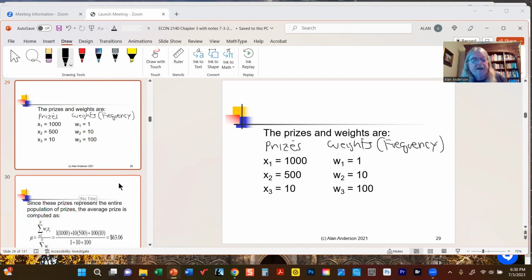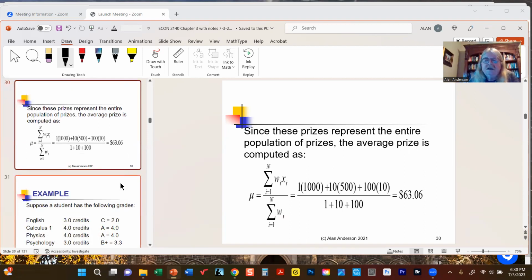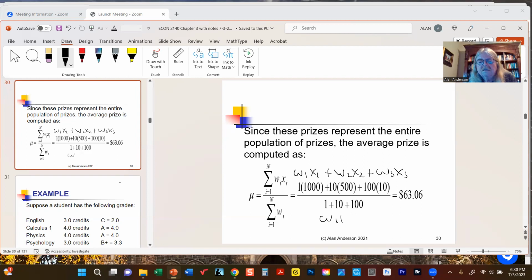So here's what we have. In the numerator, this is what we're being told to do. Oh, I should have written down the intermediate steps.